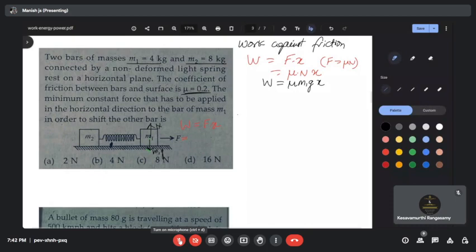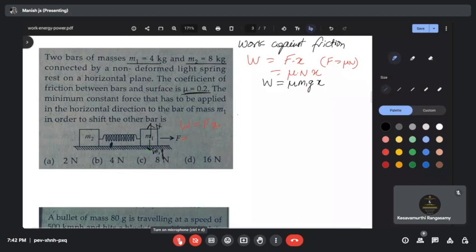So first you have to find out the work done against friction. Now, there is also a spring attached between the bars m1 and m2. As you pull bar m1, don't you think the spring is going to get elongated? What is the energy involved for the elongation of a spring?